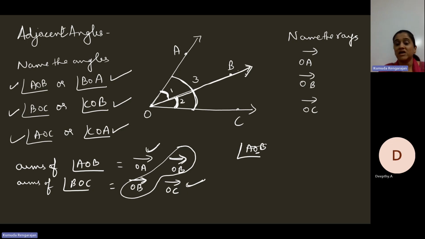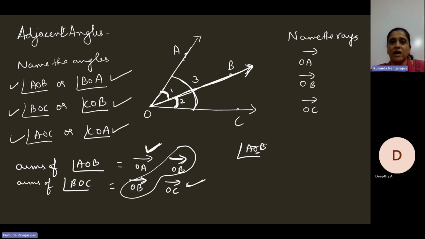Where are the non-common arms? They should be on either sides of the common arm. So you can see here, OA is above the common arm OB. And OC, look at the board. Where is this arm or ray OA?